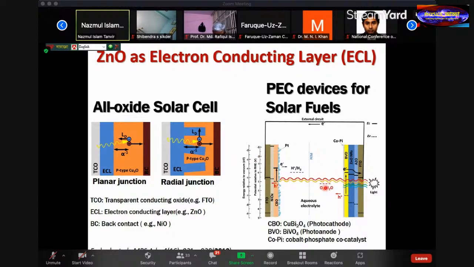Here you can also see the zinc oxide NR layer, and this is why we select zinc oxide NRs for making this type of layer.